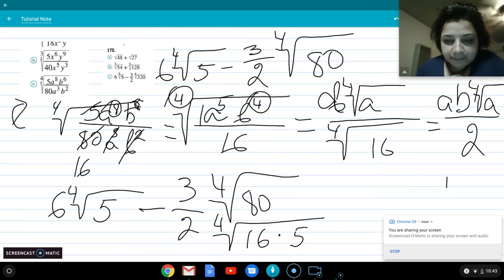And you recognize the 4th root of 16 as 2. And now this is a much simpler problem that you can tackle.